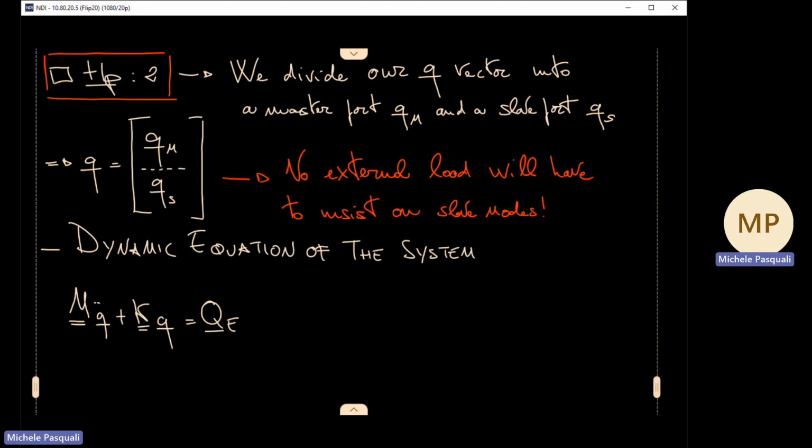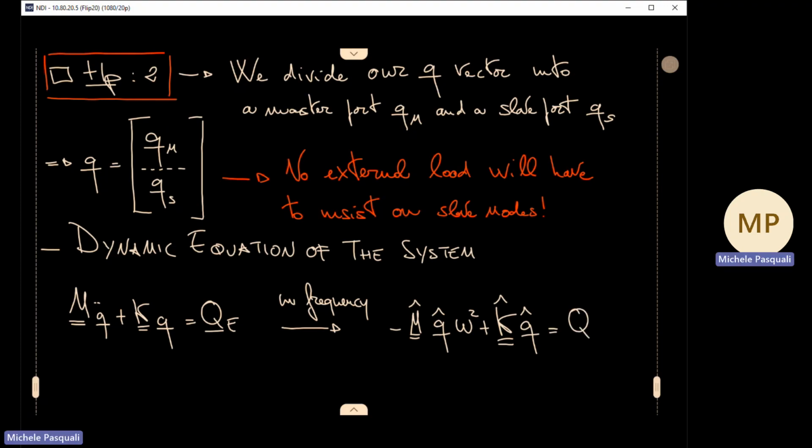Or in frequency, it becomes minus M overhead, and in this case, as we know, M unfortunately depends on time, Q overhead omega squared plus K overhead Q overhead equals Q E overhead.